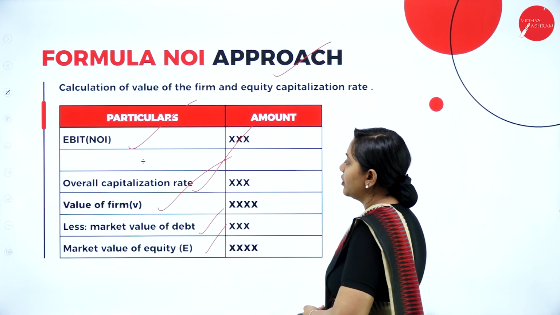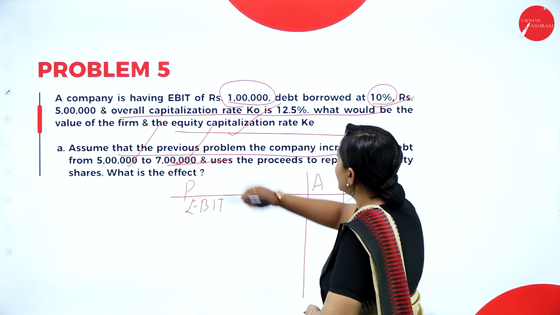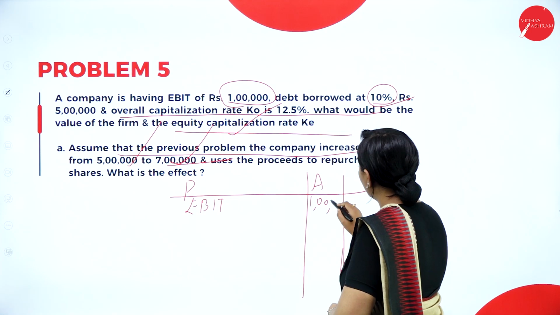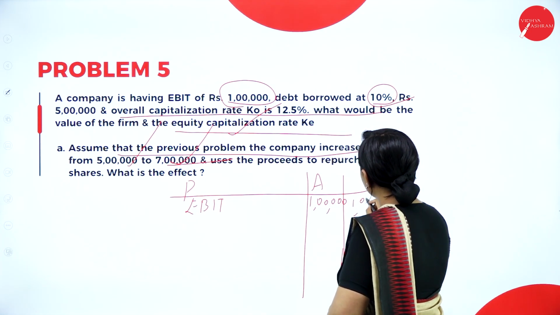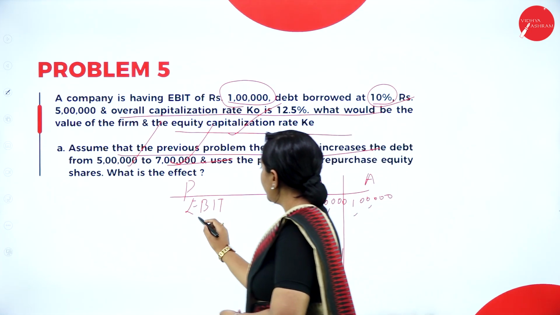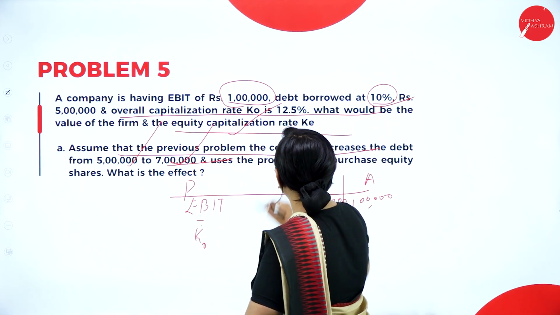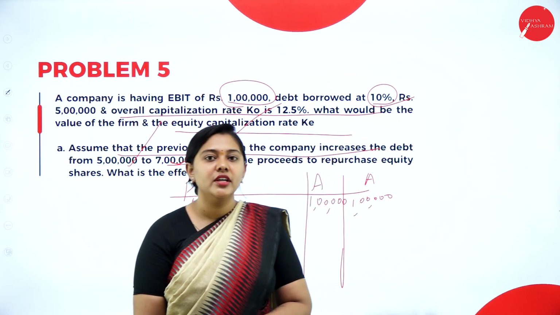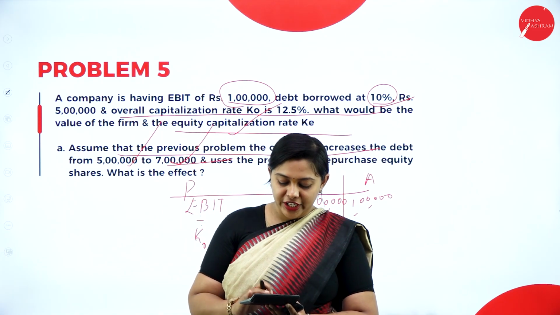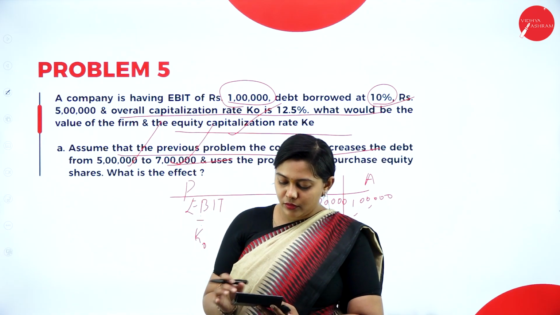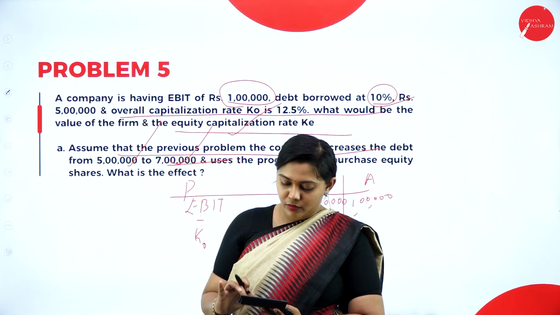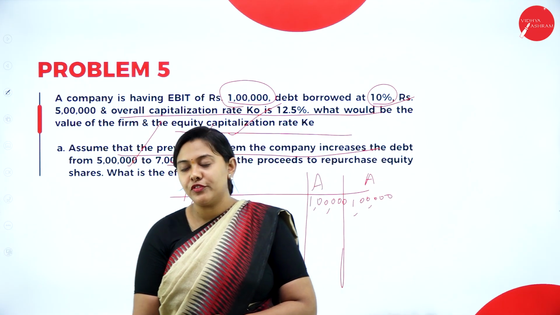So next, divide by, what is EBIT? 1 lakh, 1 lakh. Divided by the overall capitalization rate that is given in the question, 12.5%, it will be 0.125.